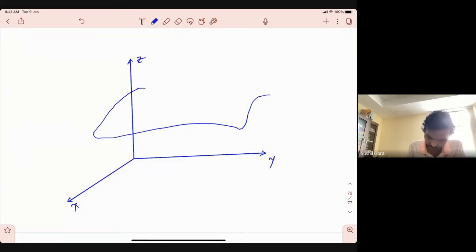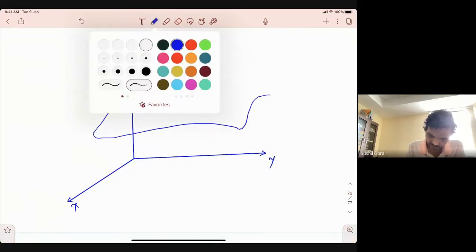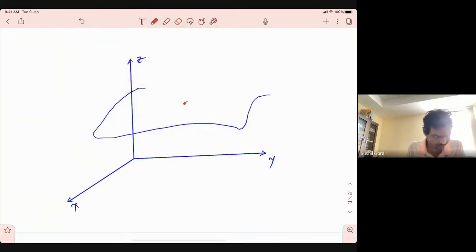You look at a point here and there, and you look at the tangent space. This is called the tangent plane. It's a generalization of the tangent line.